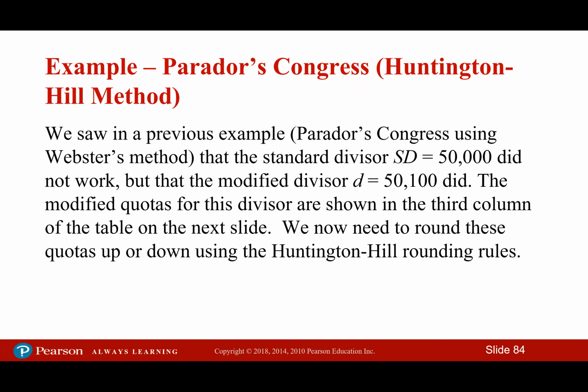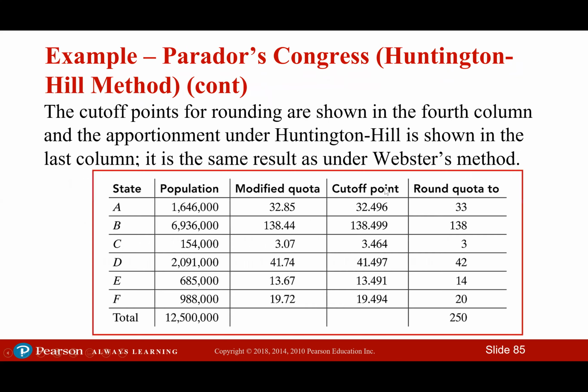And so practice this with the 50 at home when you do that. And then what you're going to do is multiply to get the cutoff point. So in this case, between 32 and 33, the cutoff point is 32.496.